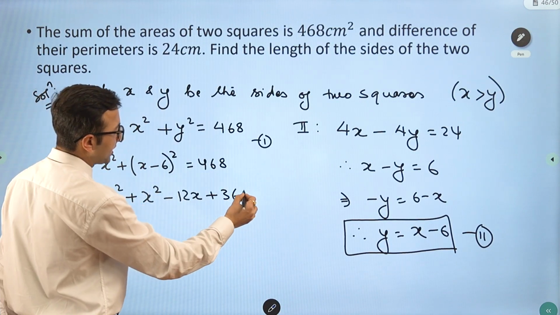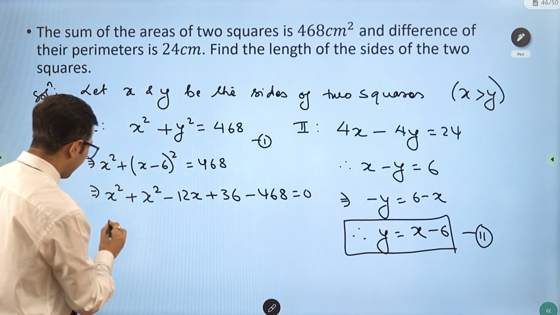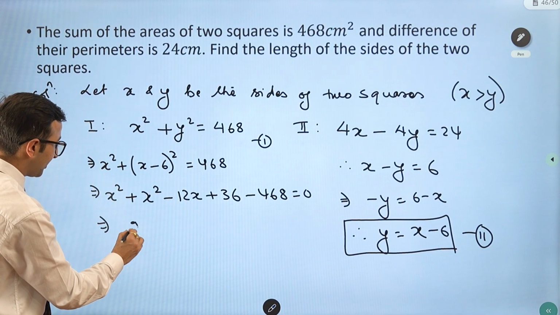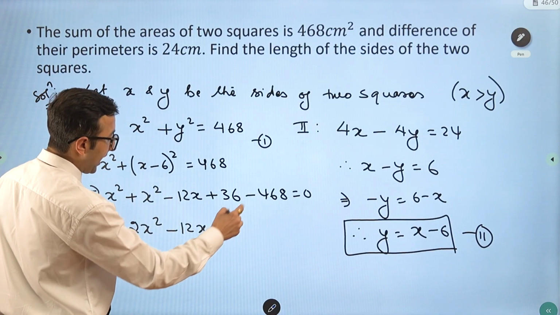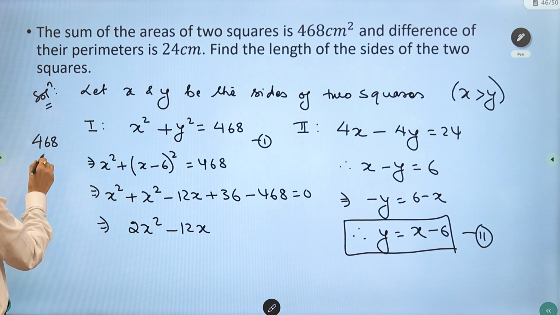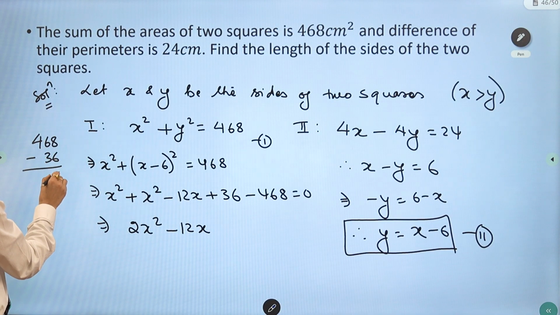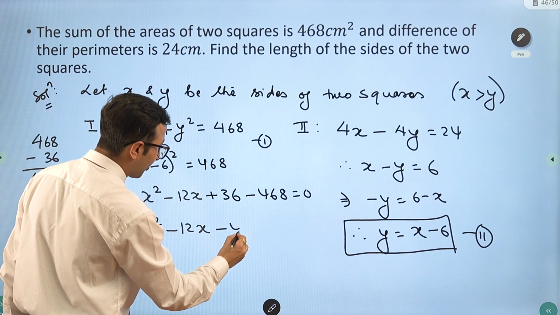Let's take this 468 to the side also, equal to 0. So x square plus x square is 2x square, and here minus 12x, and 468 minus 36, there is 432, but minus 432 will be there.